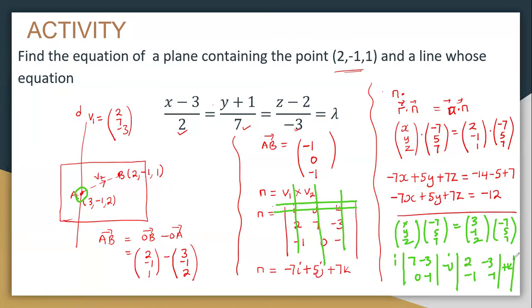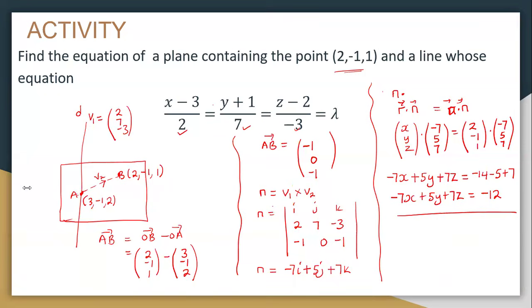Then cross out the k, then you remain with 2, negative 1, 7, and 0. Then you get its determinant by multiplying the elements within the major diagonal minus the elements within the minor diagonal. Hope you have got a hint. So that's how you do the cross product.